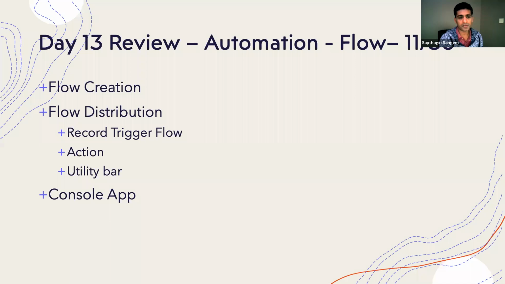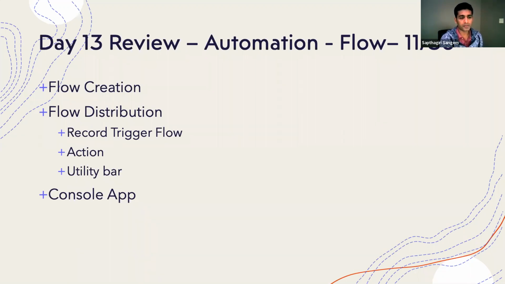As you are creating or updating a record, you can fire a flow, or you can use them in actions, or you can even put them in the utility bar, especially for service console scenarios. We briefly looked at how to launch a flow in the console app, and we also pulled the flow that we created into the Lightning record page.